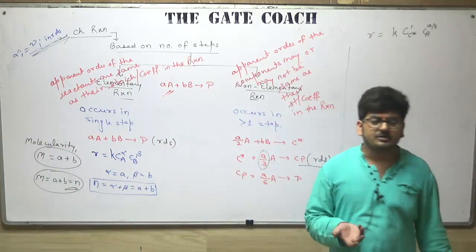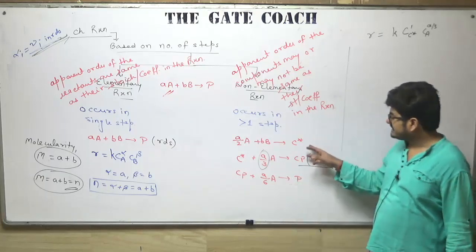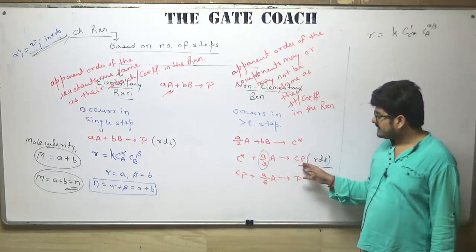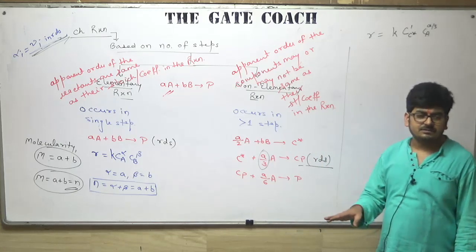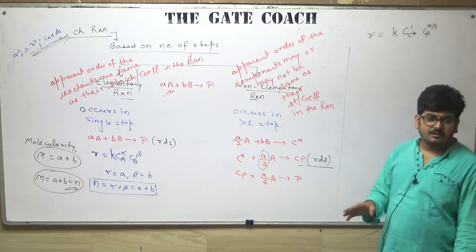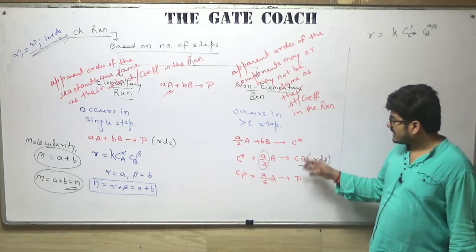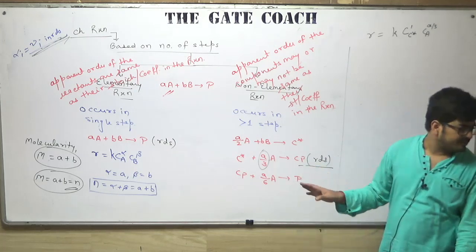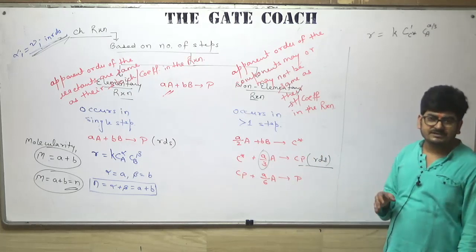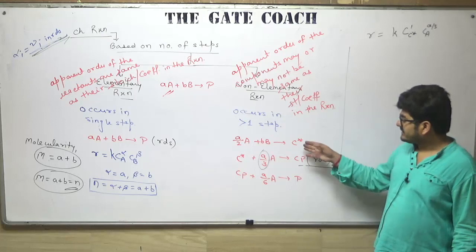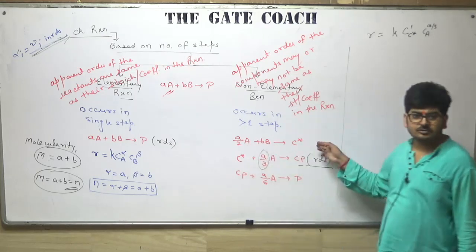So we can control the values of our input A and B. But if you see C star, Cp, these are the components which formed during the reaction and disappeared during the reactions only. Those are intermediate components, intermediate products. So here C star is some intermediate component, intermediate complex, intermediate product. So obviously we don't have any control over this. We can control the inputs only, but we cannot control this.